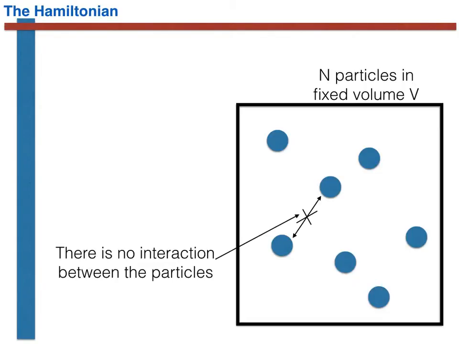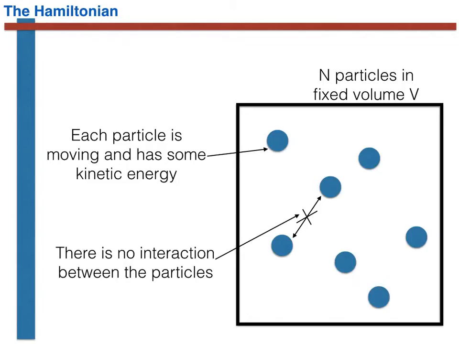As I have already explained, there is no interaction between the particles, so the energy of the system does not change as atoms are brought closer together or as atoms are moved further apart. Each particle is moving, however, and as such, each of these moving particles has some kinetic energy. Now we know how to calculate kinetic energy. It is just 1/2 mv squared, or p squared over 2m, a formula which by this stage is an old friend of yours.